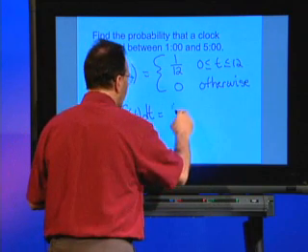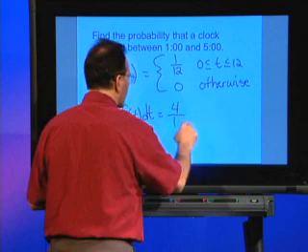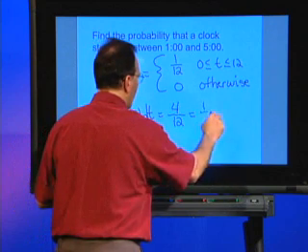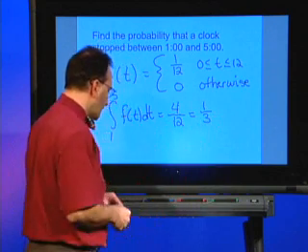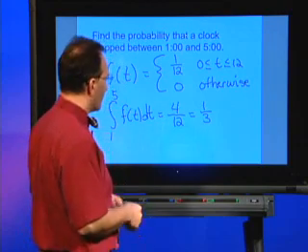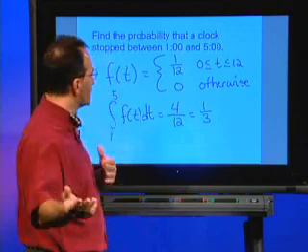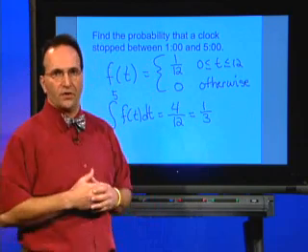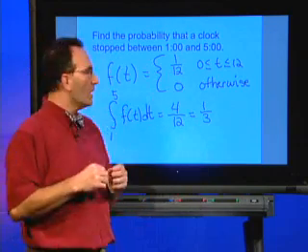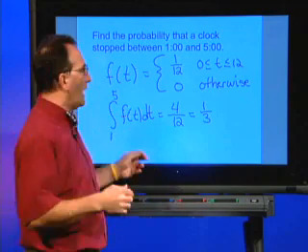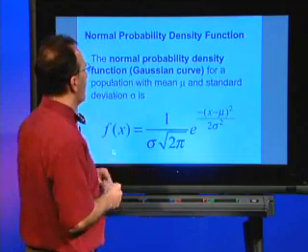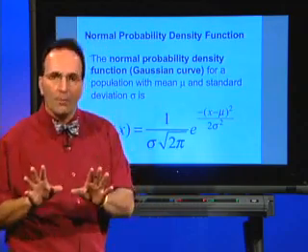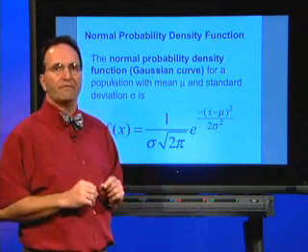So therefore, this is going to be 4 over 12, or 1/3. So the probability that a clock stops between the hours of 1 and 5 is 1/3. So let's take a look now at what's called the normal probability density function.